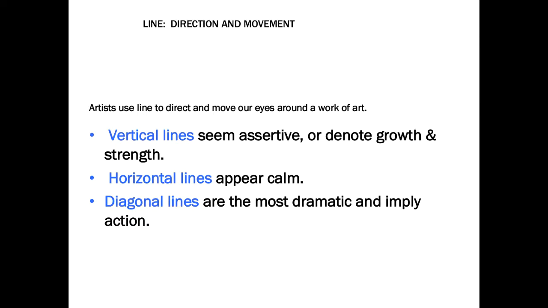Vertical lines is standing, right? That's assertion. Trees are quite often vertical. It's not calm, but it's telling us that that person is sort of at ease. It's strong, but it's not active. Does that make sense? Horizontal, calm, what would that be like? Sleeping.